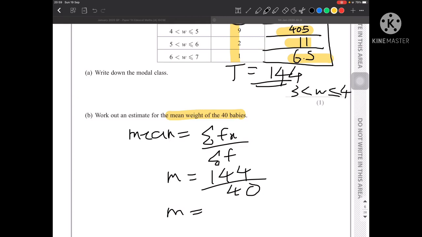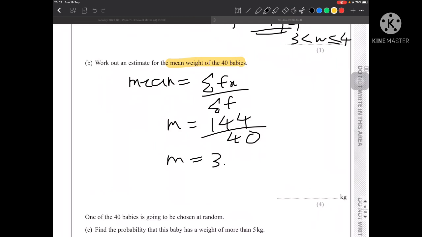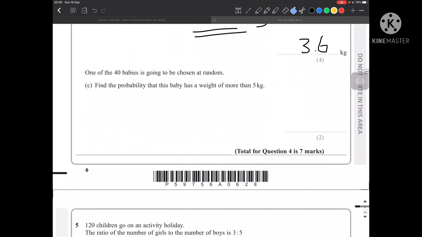Yes, it's 3.6 kilograms. All right. Then we need to move to part C. Find the probability that a baby has a weight of more than 5 kilograms when 1 out of 40 babies is chosen at random.